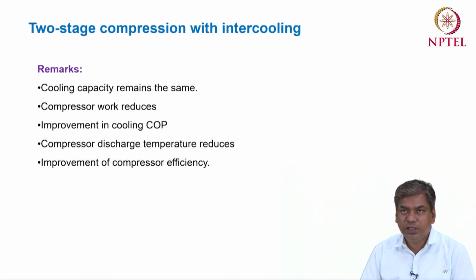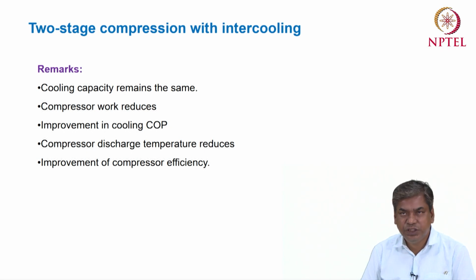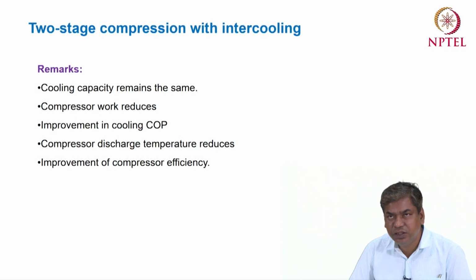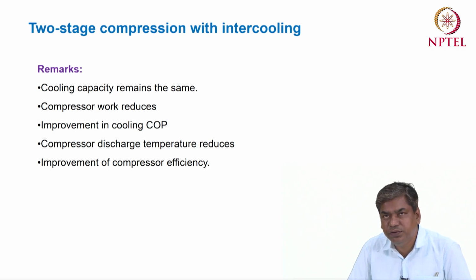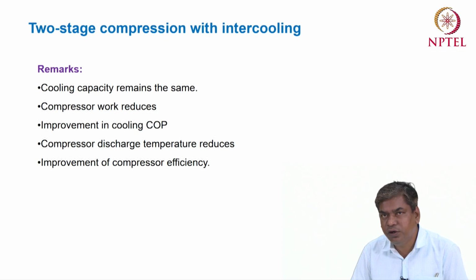Our final conclusion is that the cooling capacity will remain the same, because there is no change in the evaporator inlet and outlet conditions by using the two-stage compression with intercooling, but the compressor work will be reduced, which we have already discussed.